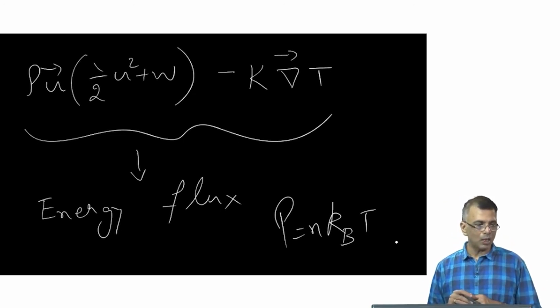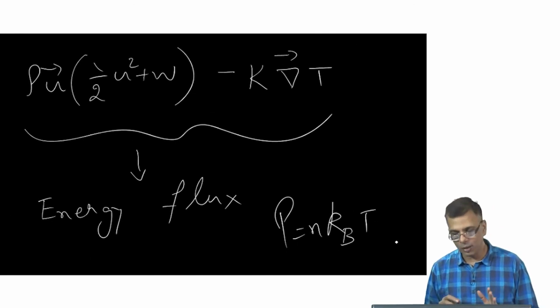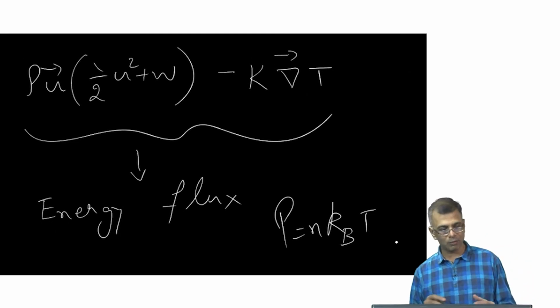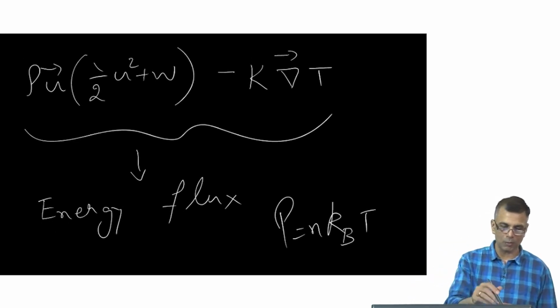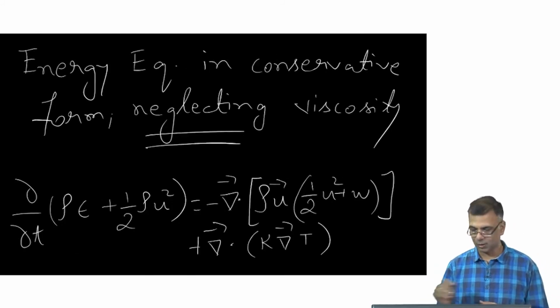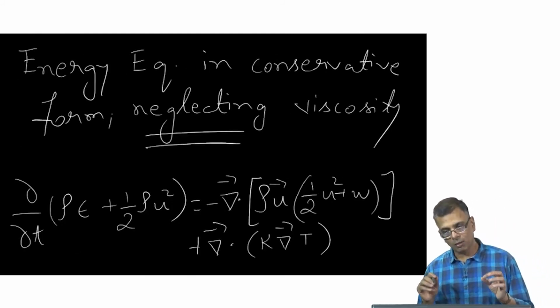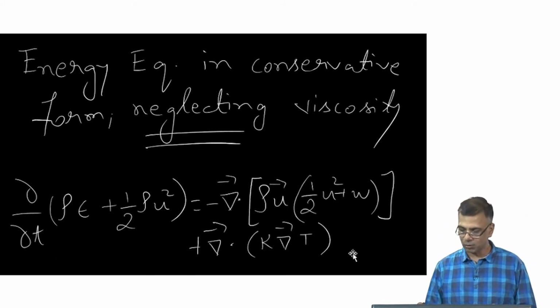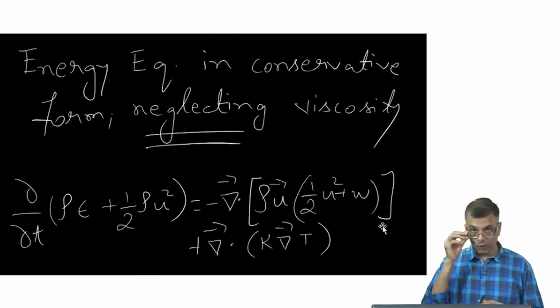So, this is all I really wanted to say at this point. It's possible to write down an energy equation in a conservative form, in a form like this. Yeah, it does not include viscous dissipation. If you wanted to include viscous dissipation, you would do so on the right hand side here. It does not include other forms of energy generation.